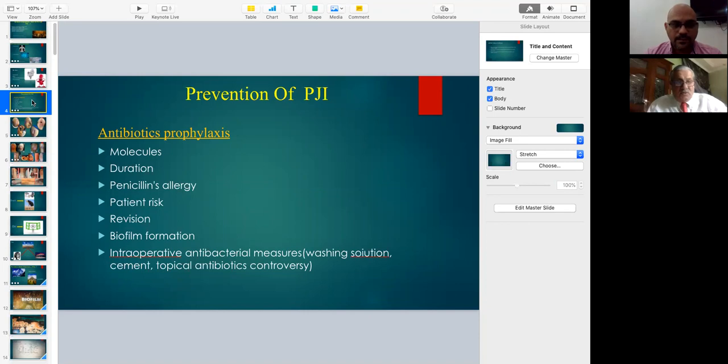And we also talked about an important subject, which is the biofilm and its significance in causing PJI. We talked in detail about the mechanism of biofilm formation.